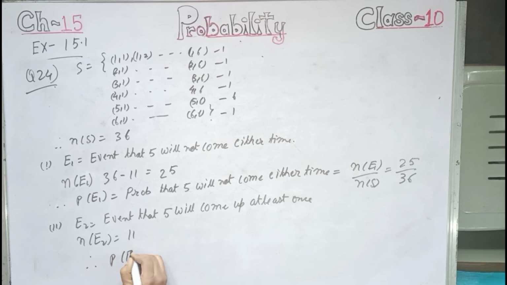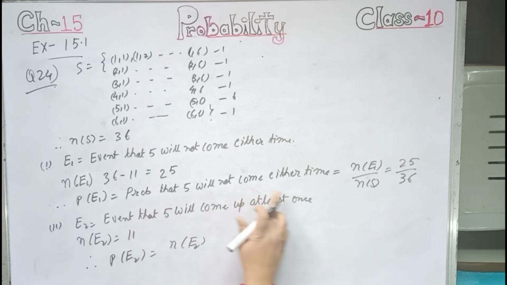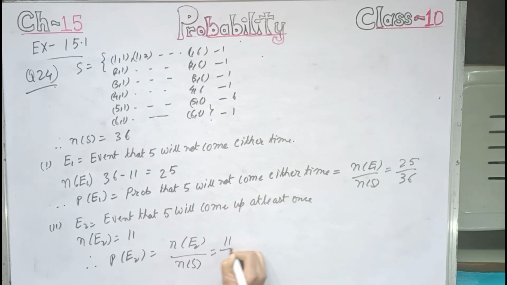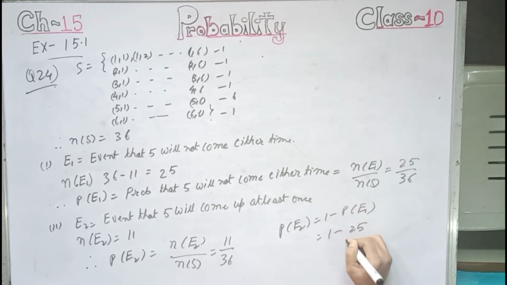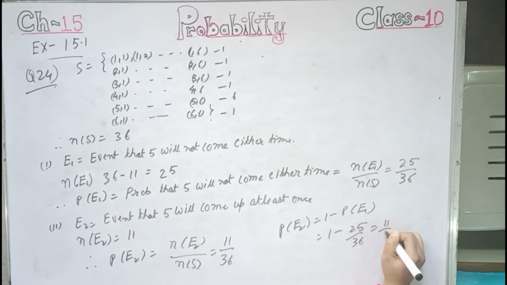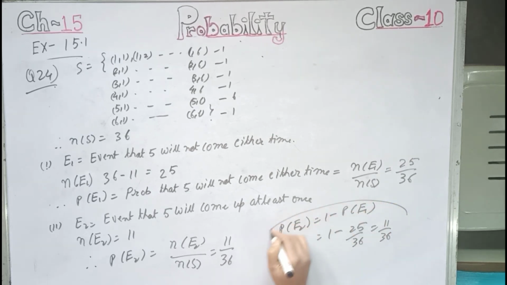Therefore P(E2) equals NE2 by NS equals 11 by 36. Or we can write P(E2) equals 1 minus P(E1) directly equals 1 minus 25 by 36 equals 11 by 36. So either you do this taking the complementary statements, or you can do it directly like this.